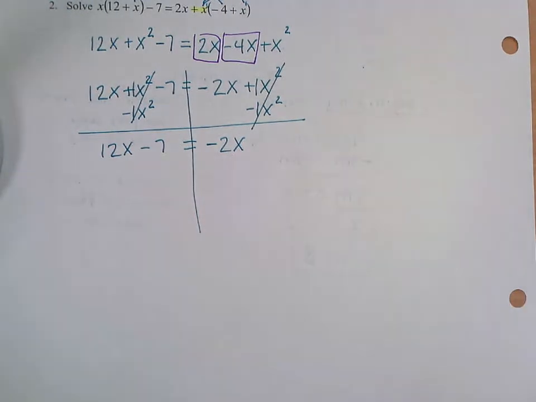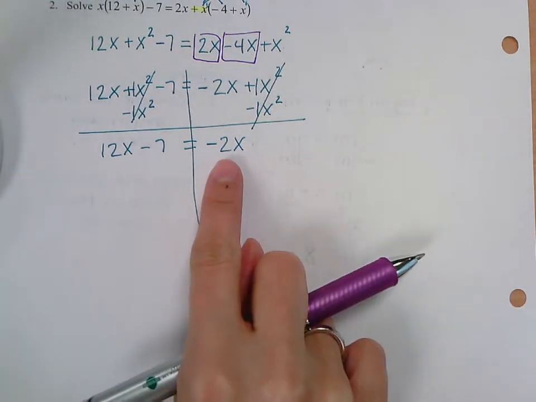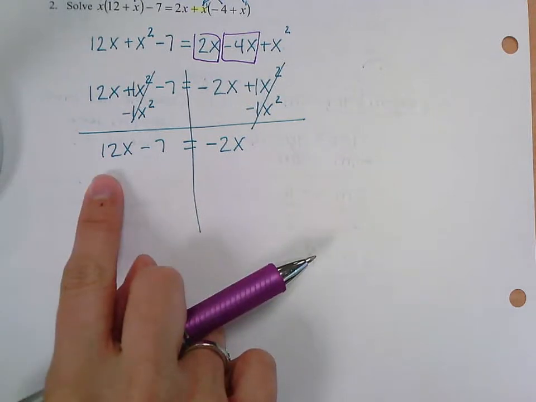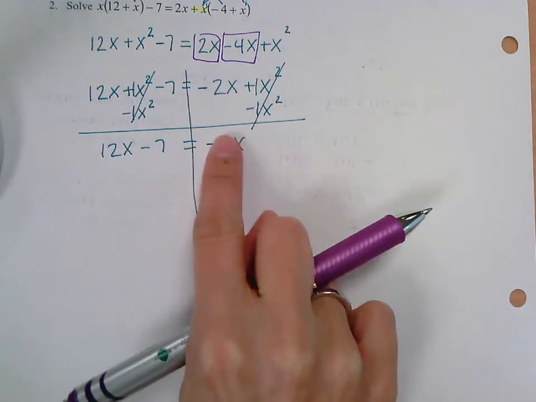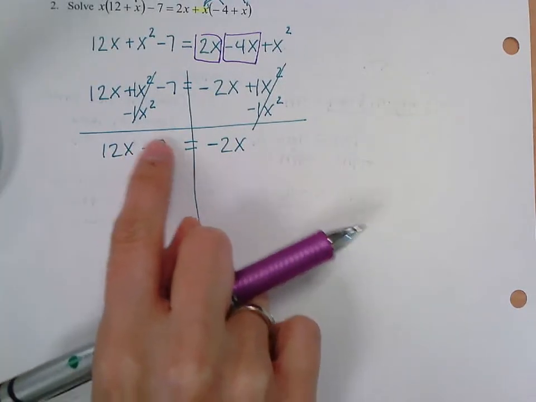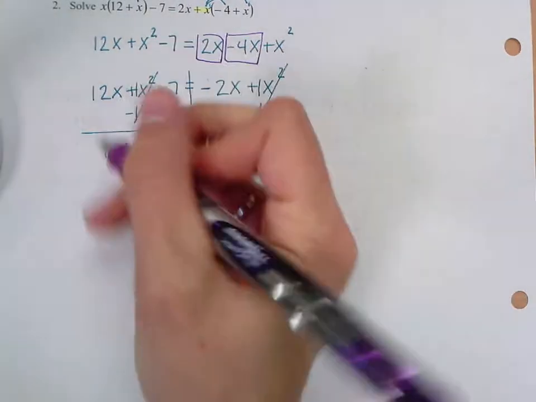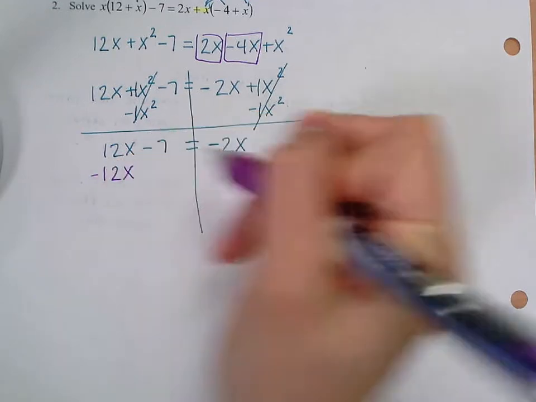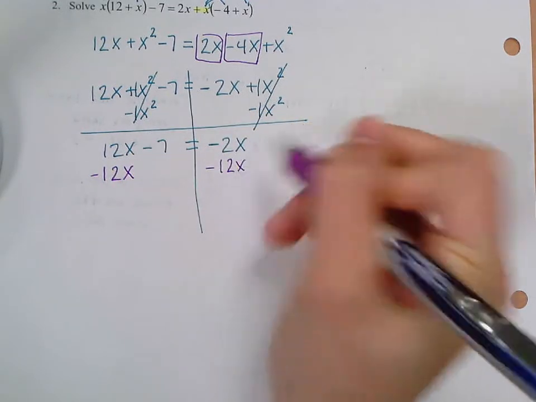Yes, so I could do either one, but if I add the 2x over here, this side becomes a 0. I really want my terms with x to be away from the minus 7 here. So I would probably do the minus 12x from both sides.